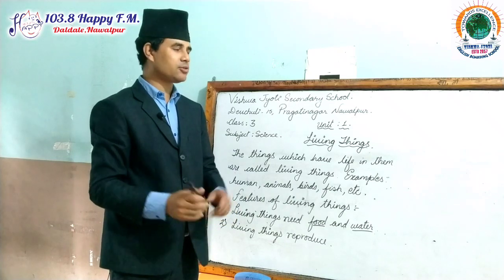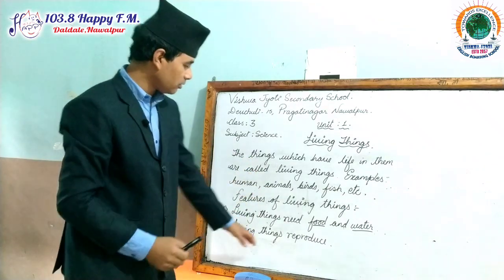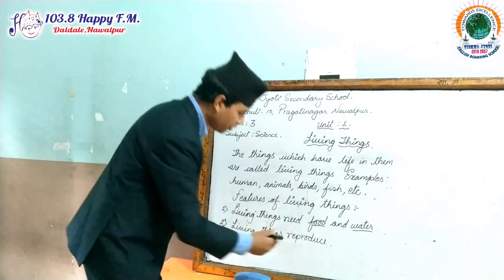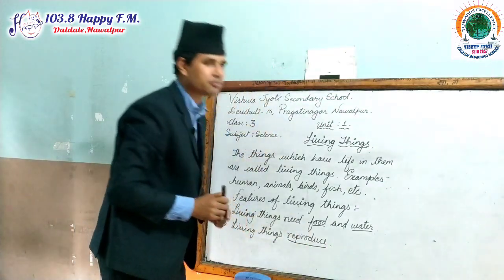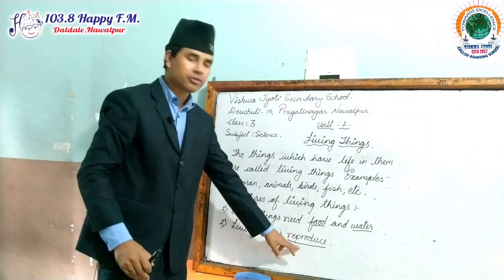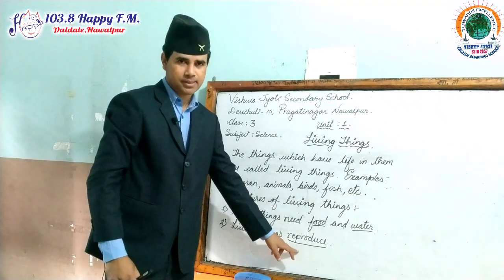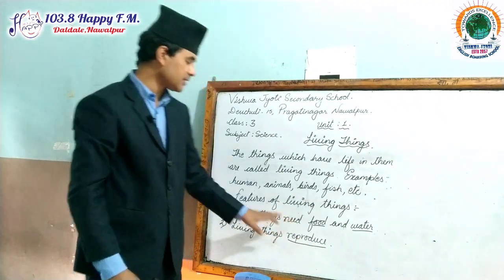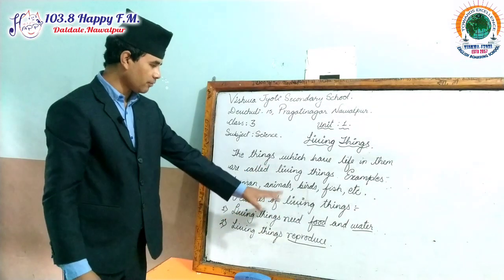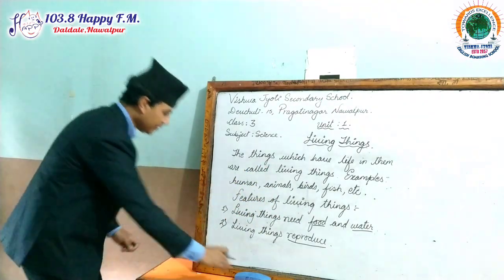Cows and buffaloes give birth to their young ones. That is called reproduce. Reproduce means they produce their young ones. Even a dog gives birth to puppies. So that's why reproduction is the next basic feature of living things. Point number 3.